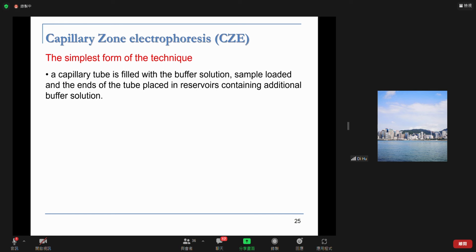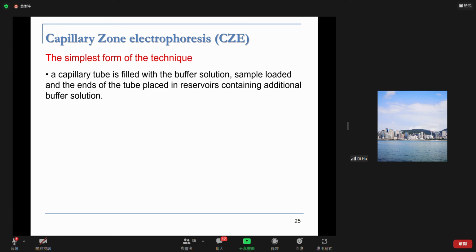We already mentioned the capillary tube filled with buffer solution and sample loaded, and the ends of the tube placed in reservoirs. We normally need to condition the capillary tube before we use it. We condition with 0.1 molar sodium hydroxide for 10 minutes to make sure the inner wall is charged. Then we wash with water for 5 minutes, and then run the buffer solution for 10 minutes, just to make sure the surface is fully charged.